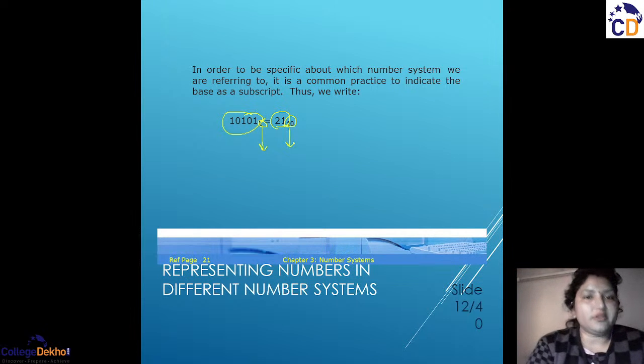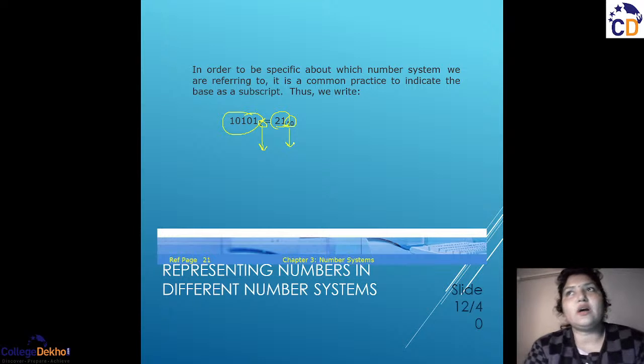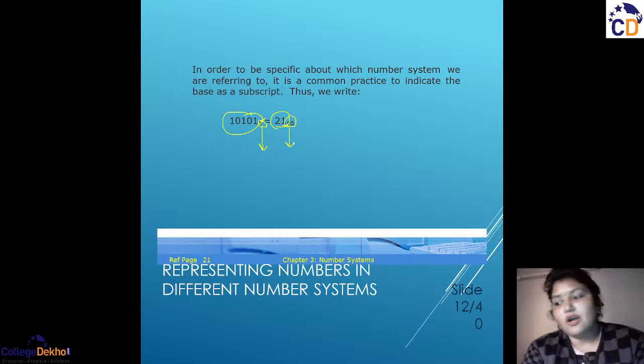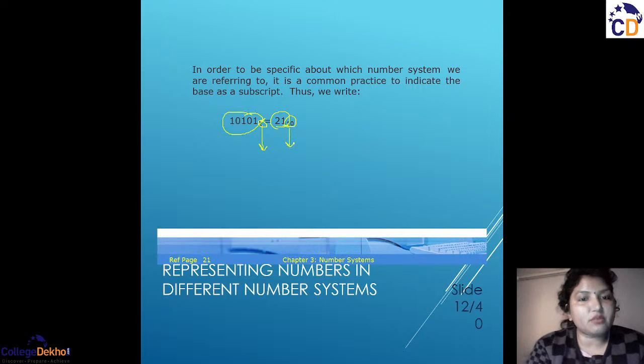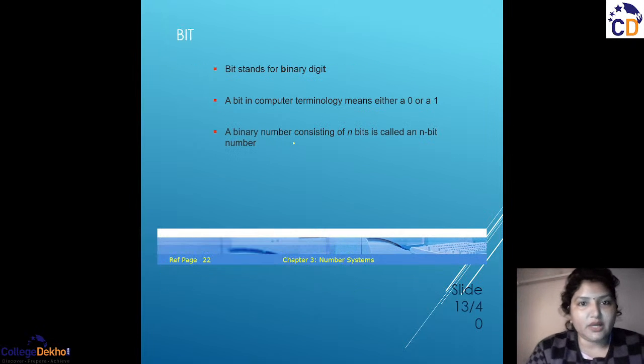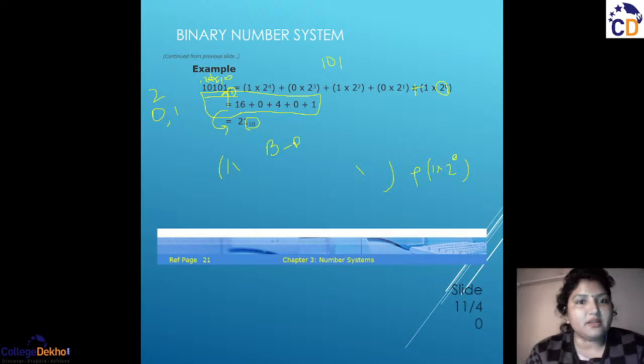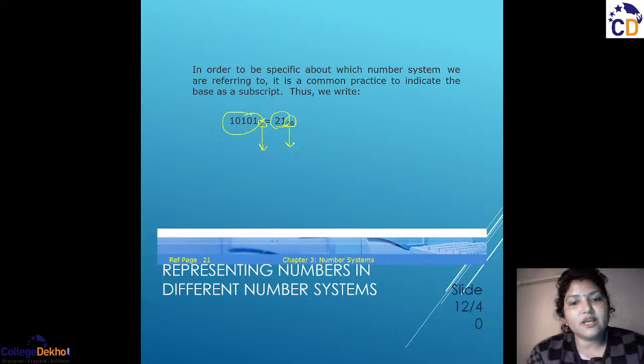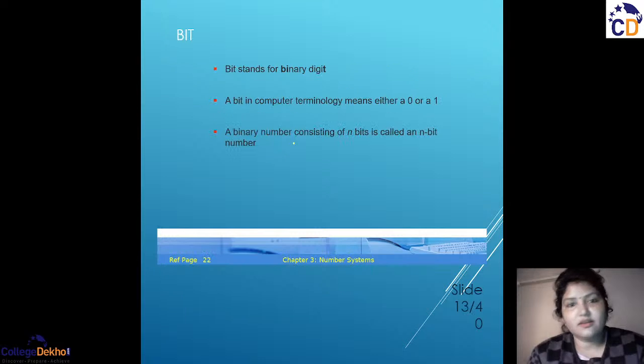I had told you about how to have a decimal number, how many digits are there, what the range is, how we can have the maximum part, and how we can have the minimum part. Now let us understand what a bit is, because when we talk about the binary number system, we are talking about only two digits, that is 0 and 1. Next we have the bit.